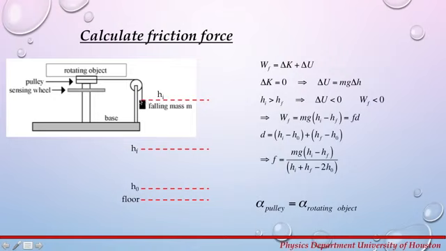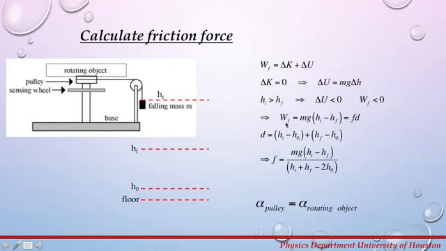Since we start with our falling mass at some initial height, and this initial height is greater than the final position of the falling mass, the change in potential energy is less than zero, and the work done by the friction force is less than zero because the friction is opposing the direction of displacement.